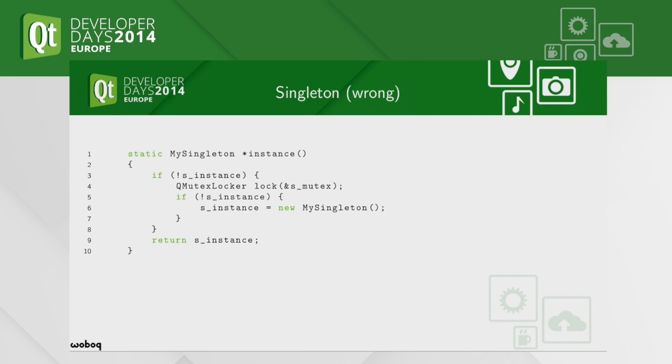So if two threads are trying to initialize the singleton at the same time, they both will see that the instance here has not yet been initialized. So they both try to acquire the lock, but only one will instantiate the singleton because the other one will see that it's already initialized.